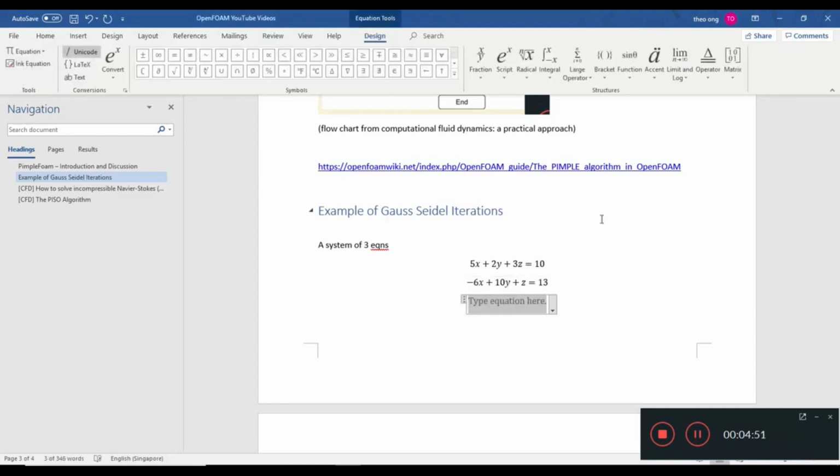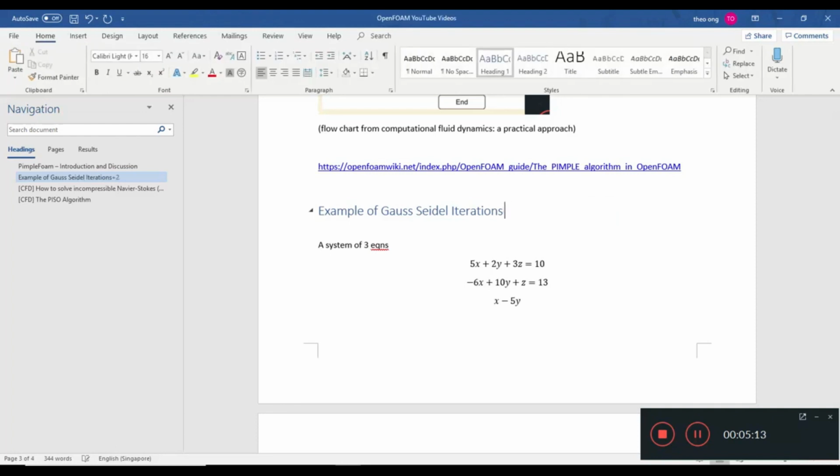And a third one, x plus 5y plus 2z equals 6. Just some random numbers.